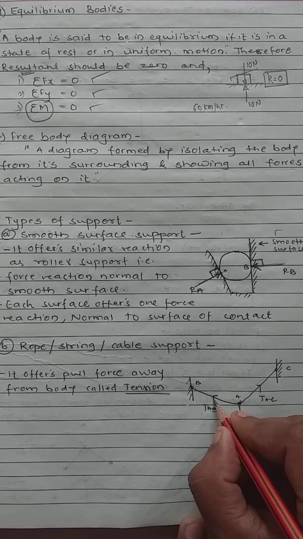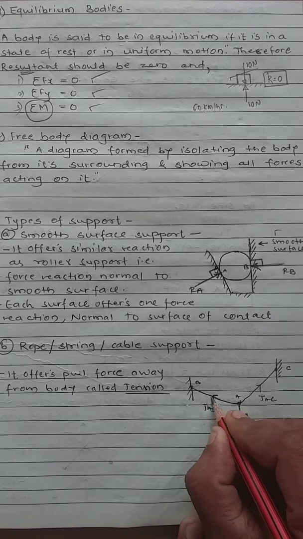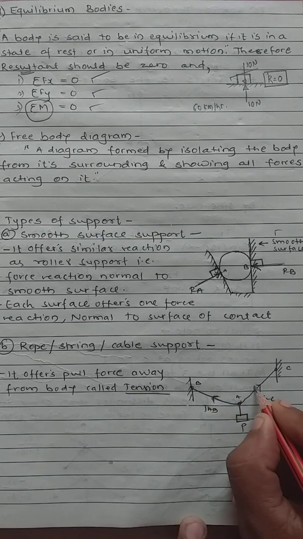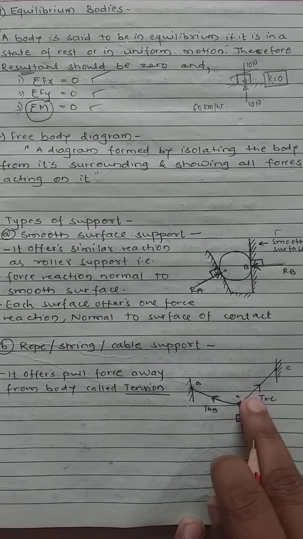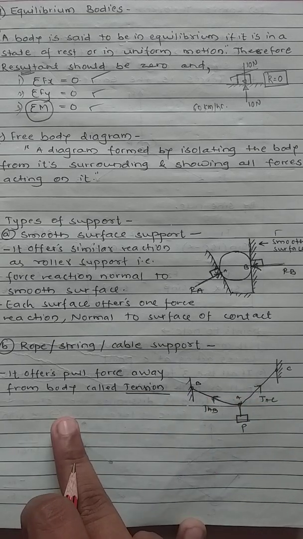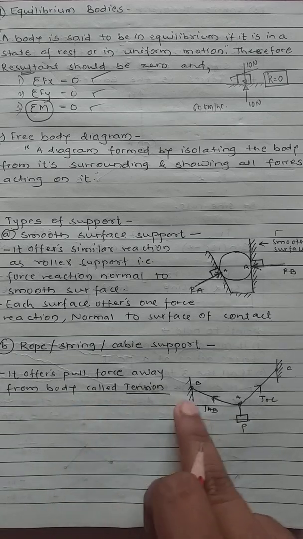That tensile force is always away from the body. For example, in this case at point A, the tensile force will be away from the body. Look at the direction, it is away from the body. So it offers a pull force away from the body. It is called tensile force.